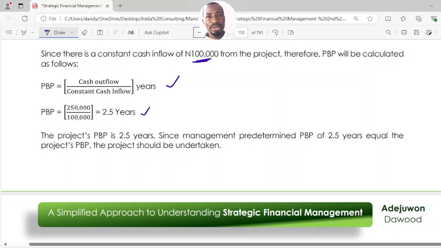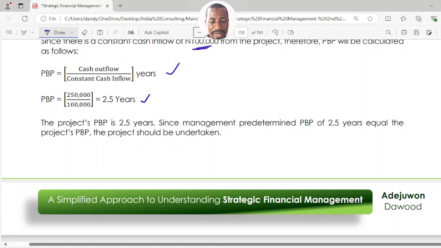Remember, our decision rule is that for a single, independent project, the project should be accepted if the calculated payback period is shorter or equal to the management predetermined payback period. Since the management predetermined payback period is 2.5 years, and our calculated payback period is also 2.5 years, it means that the project is financially viable and should be undertaken. That's all. It's as simple as that.